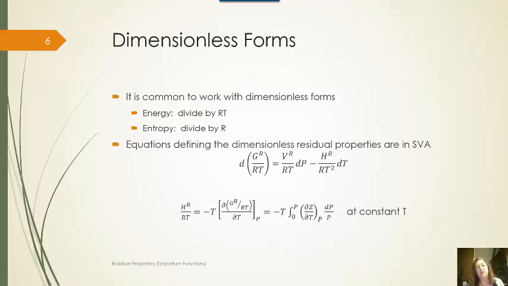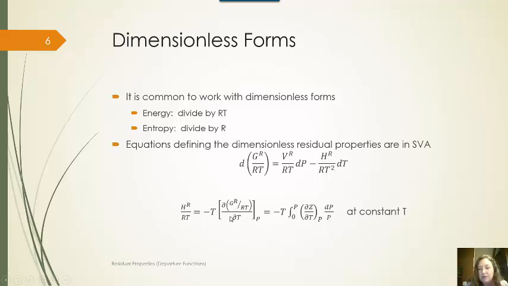I can do this for the real properties, for the ideal gas properties, or therefore for the residual properties. I'm dividing through by RT. The H was already divided by a T, so I end up with this expression here. Now, HR over RT is the derivative of this little piece here times T, or divided by T.